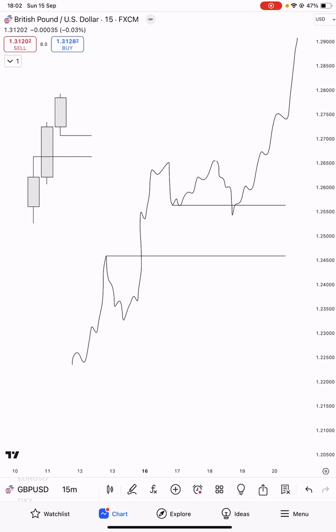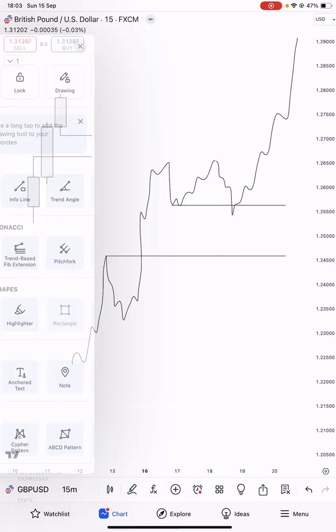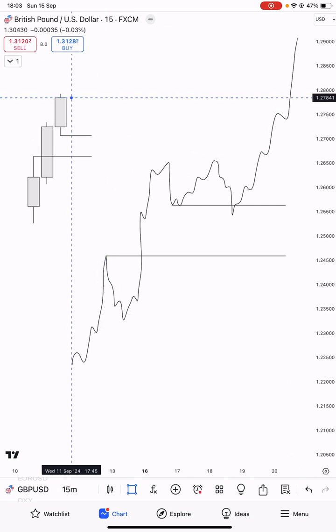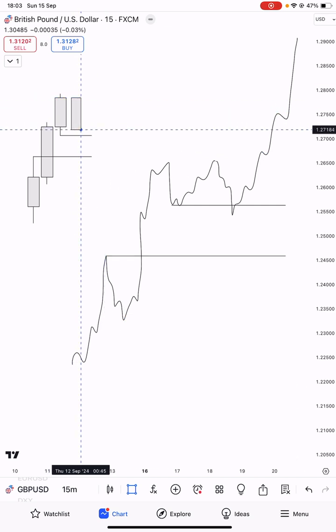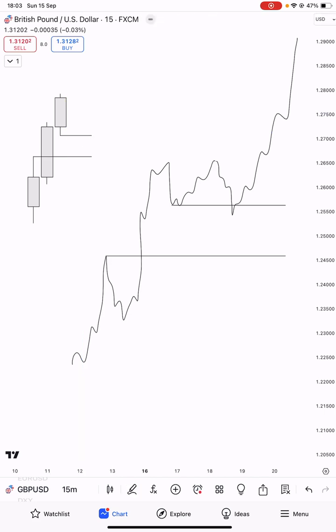You traded the same time frame candle. So in this case, sorry, I messed up.